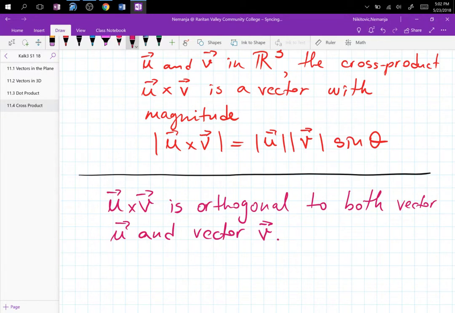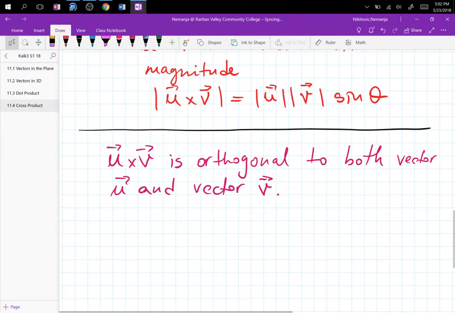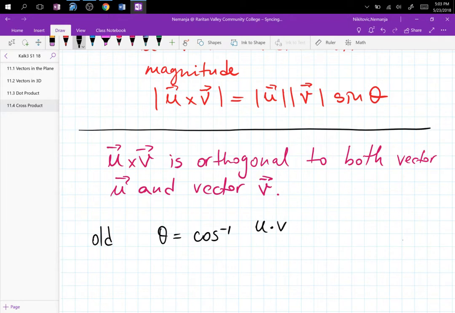So we can find the angle, right? If we flip the formula that we have up there, we can find the angle between two vectors using the cross product. So I'll put old. We know that theta can be found as the inverse cosine of u dot v divided by the magnitude of u times the magnitude of v.